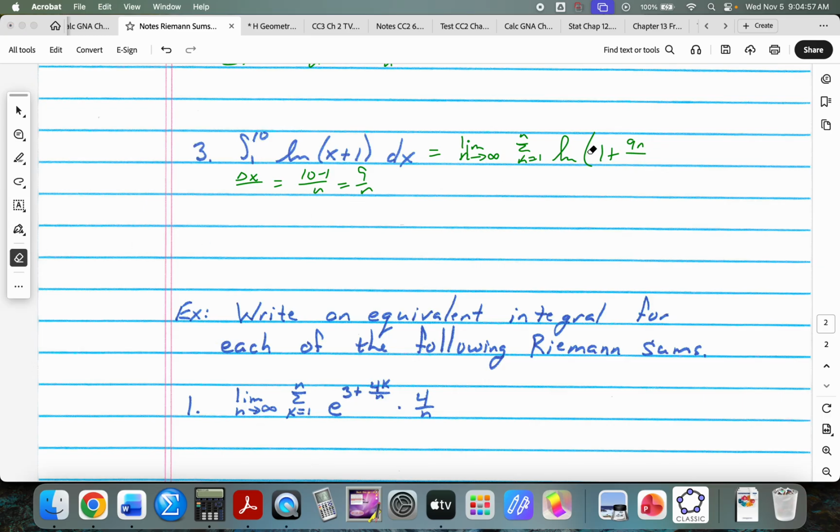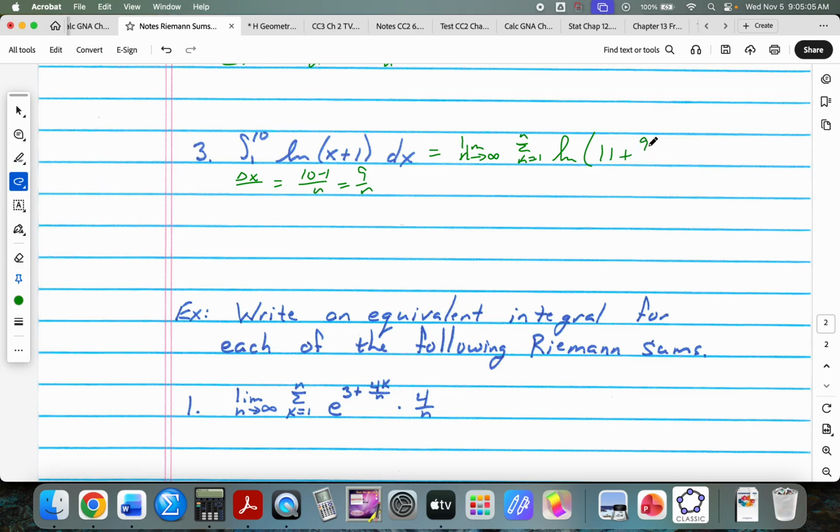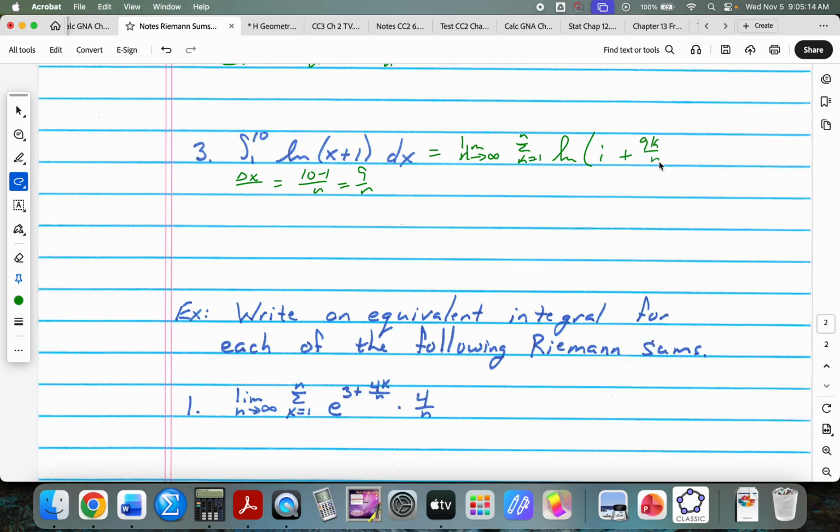So 9 over n times k, so 9k over n. Having all kinds of trouble with this. Plus 1, because that's the one that was already in there, times 9 over n.